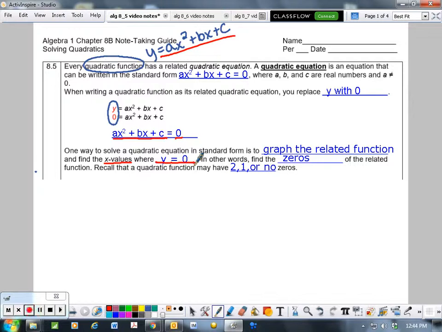In other words, we're really just finding those zeros that we found in the first half of the chapter, the zeros where it crosses our x-axis. And recall that in our quadratic function, it could cross in 2 spots, 1 spot, or no spots whatsoever. So we're going to take a look at some of these related problems.